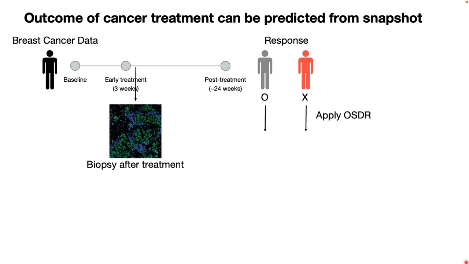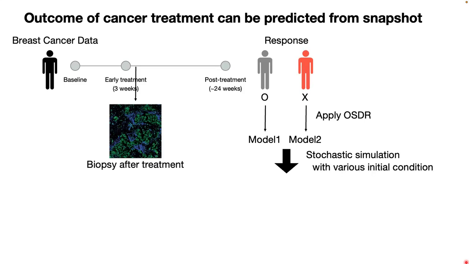And for both groups, they apply OSDR respectively. So they can build two models, model 1, model 2. And they did stochastic simulation with various initial conditions for each model, the response group and non-response group. It turns out that this T-cell trajectory was quite similar.